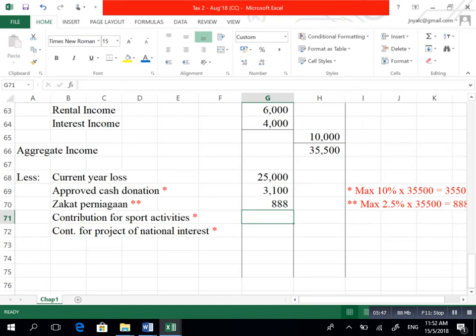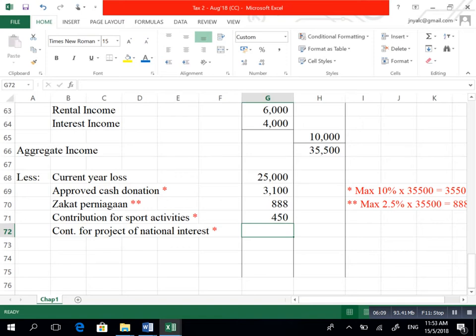Balance limit? 450. So you can only deduct 450 in here. Even though you contributed 5,000 in actual, and even though you still have balance income to deduct, you cannot deduct in full. You can only deduct 450.